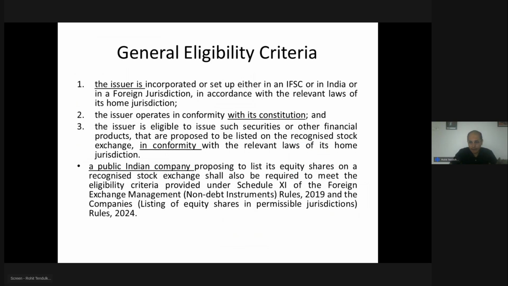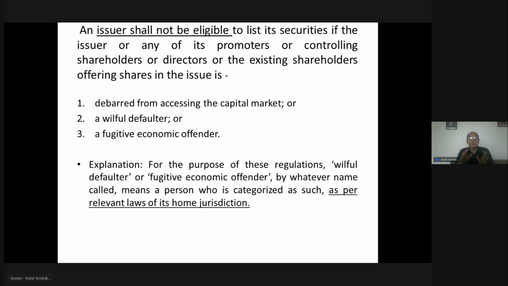So we have seen the eligibility criteria. Now we will see when the issuer is not eligible to list its securities in the recognized stock exchange of the IFSC. An issuer shall not be eligible to list its securities if the issuer or any of its promoters, controlling shareholders or directors or existing shareholders offering shares in the issue is debarred from accessing the capital market, or a willful defaulter, or a fugitive economic offender.